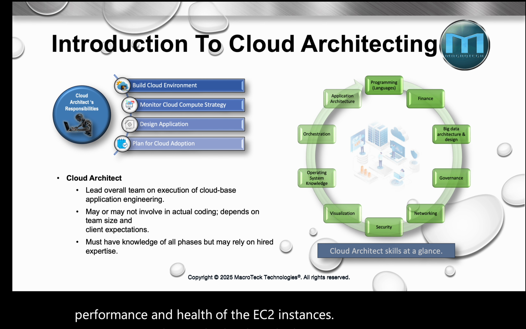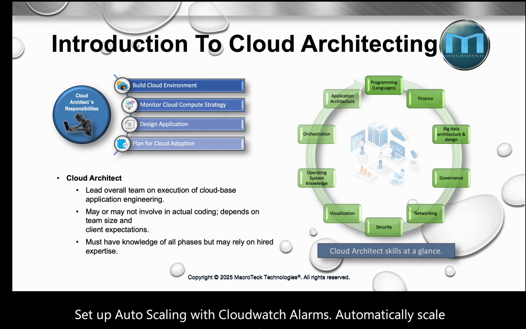Automatically scale compute resources based on performance metrics and use alarms to trigger scaling actions when thresholds are breached. These strategies help ensure that cloud compute resources are efficiently monitored and adjusted based on real-time usage and performance needs. Design application.